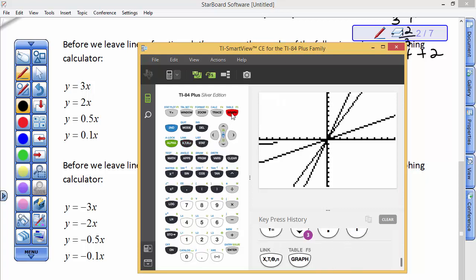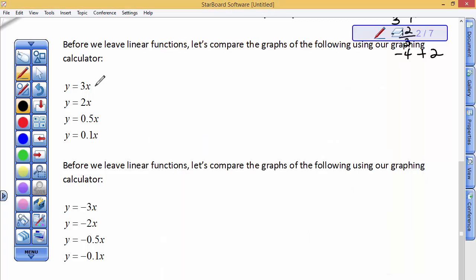Again, remember that's because when you set up a table of values and you put in 0 for x, you get nothing. When you put in 1 for x, 3 times 1 is 3. When you put in 2 for x, you get 6. But watch this one right here. When you put in 0 for x, a half times 0 is nothing.